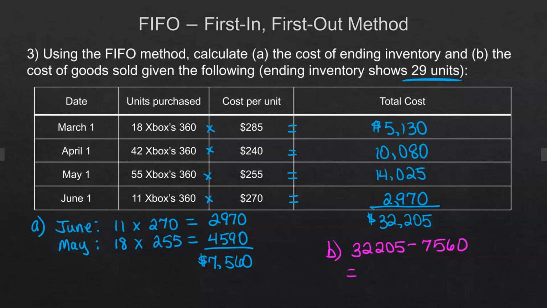So my cost of goods sold is 24,645. So remember, part A, the cost of ending inventory, and then part B is the cost of goods sold. Okay, so I'm going to stop this video and then pick this up on the next one. The next example goes along with the same chart.